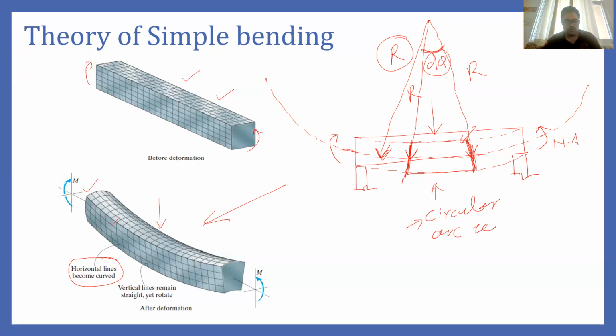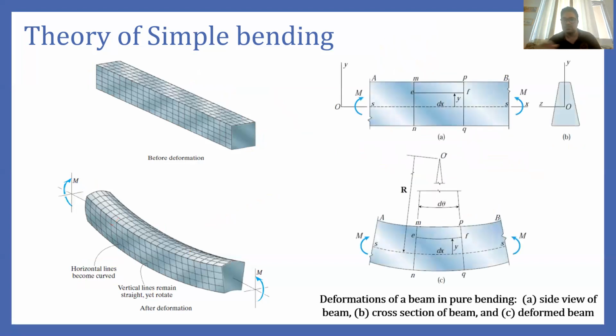So the whole diagram I have made already. This is that part of the beam. Here we are taking some part of the beam and we are considering section MN and section PQ, which are separated at a distance dx.